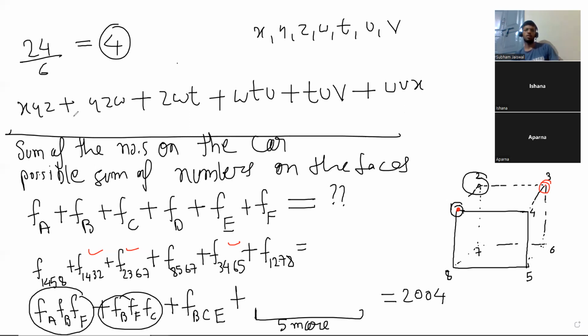Sir, each face appears 4 times, so the sum of all the faces should be 501, right? 2004 is the sum of the product. No, why should the sum be 501? Oh, sorry, I made a mistake.